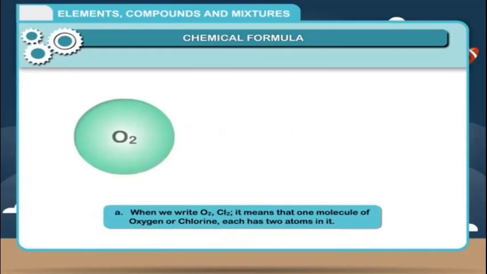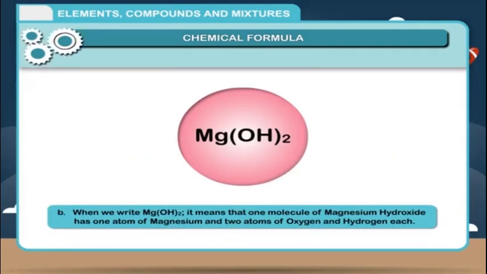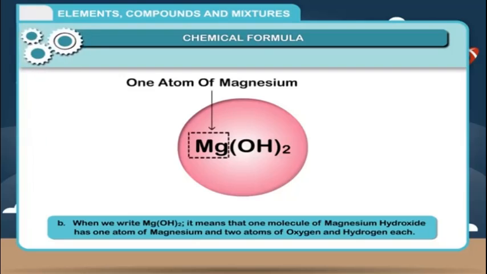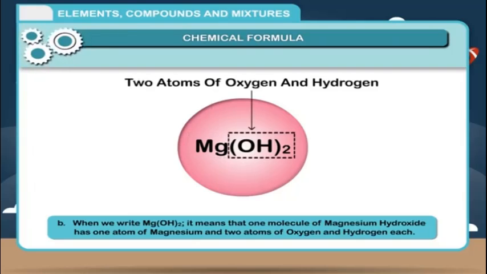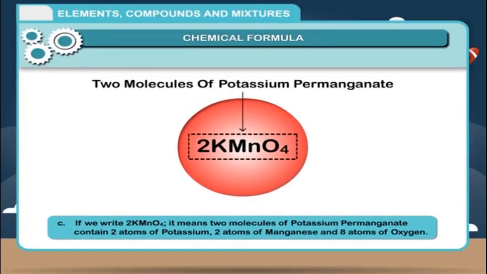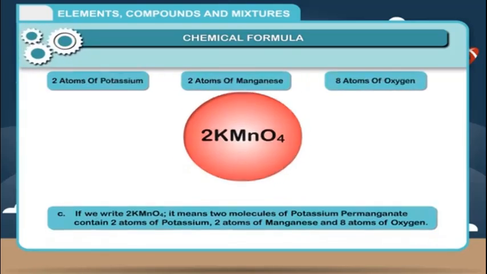For example, A. When we write O2, Cl2, it means that one molecule of oxygen or chlorine each has 2 atoms in it. B. When we write Mg(OH)2, it means that one molecule of magnesium hydroxide has 1 atom of magnesium and 2 atoms of oxygen and hydrogen each. C. If we write 2KMnO4, it means 2 molecules of potassium permanganate contain 2 atoms of potassium, 2 atoms of manganese and 8 atoms of oxygen.